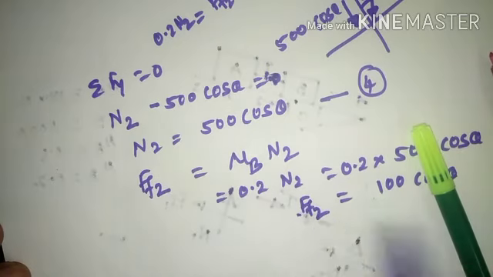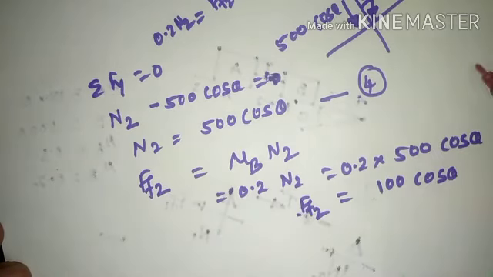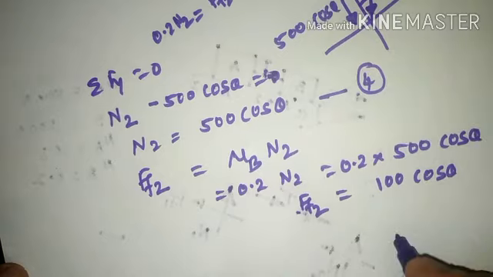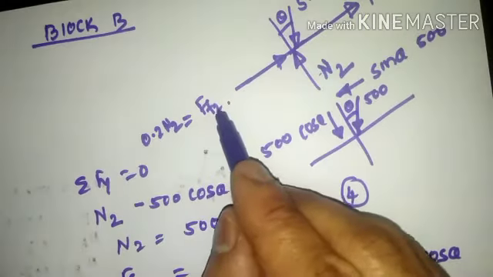So this is the value of the frictional force F of F2, which is the magnitude of this force.